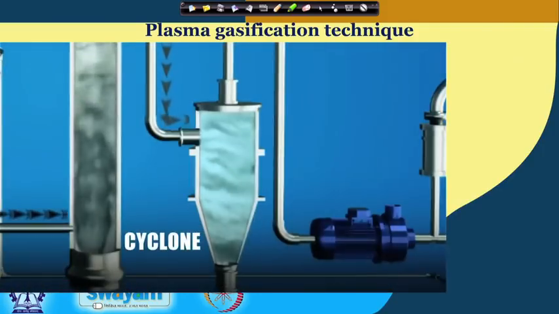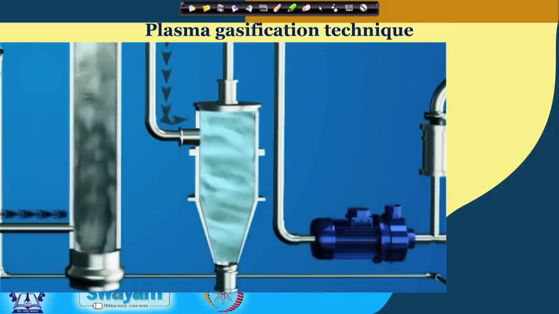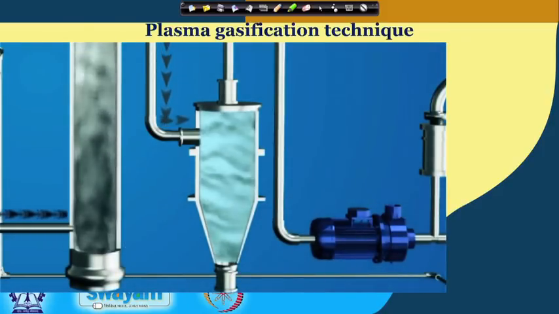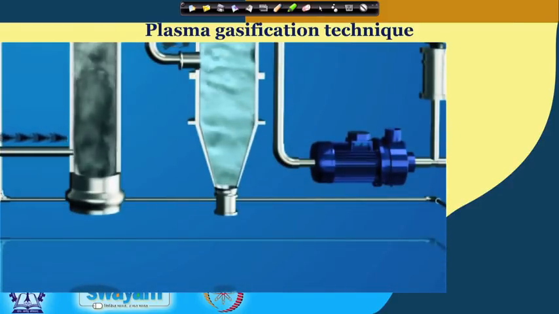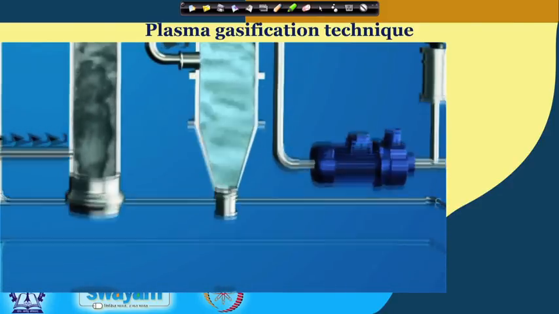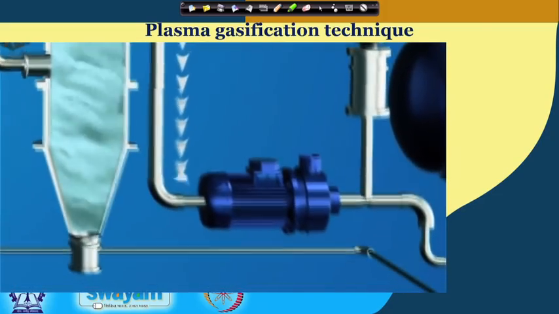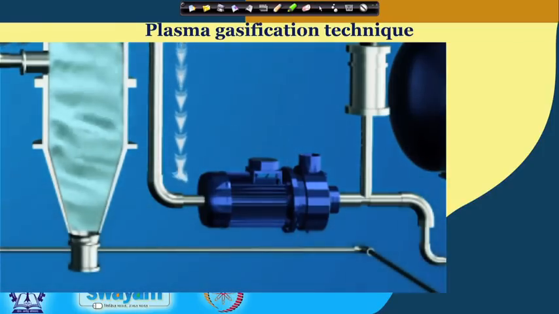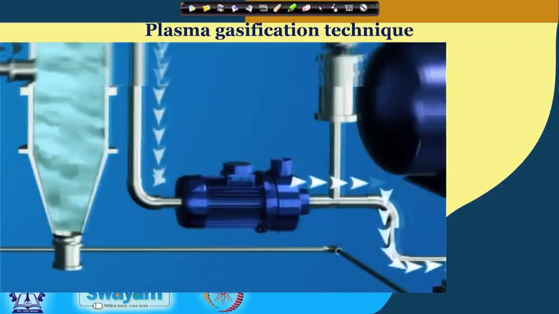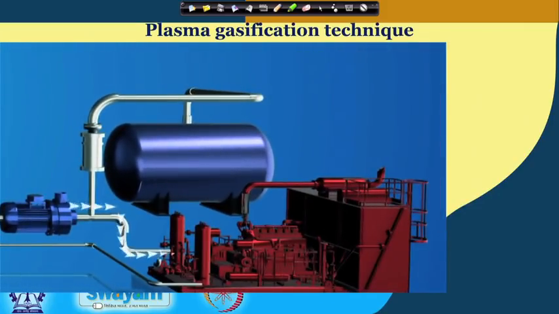Cooled gas enters a cyclone separator, which removes particulate impurities from the syngas through vortex separation. Rotational effects and gravity are used for separating impurities. The cleaned and cooled combustible gas is passed through a booster for generating requisite pressure in the supply system. Now, the syngas is ready for supply to gas generators for power production.